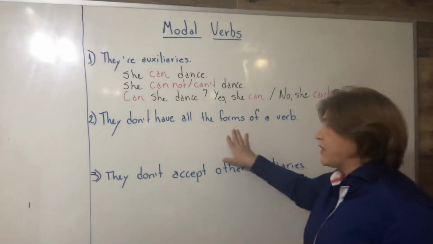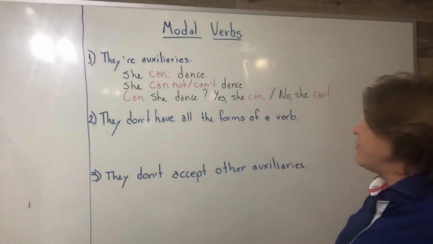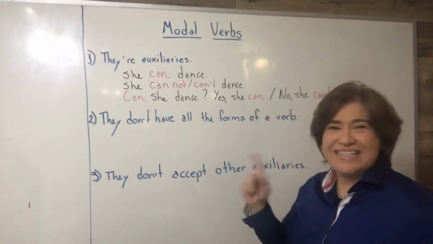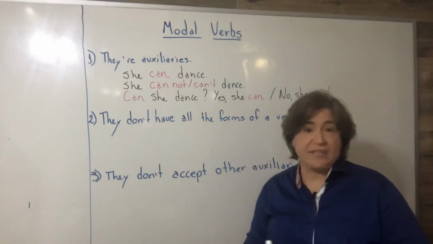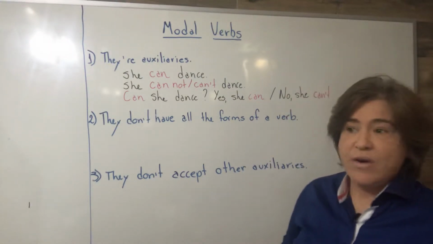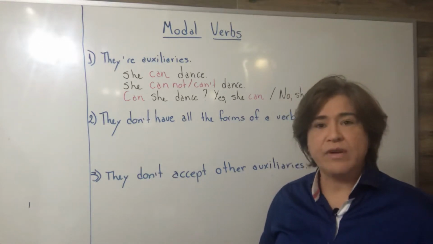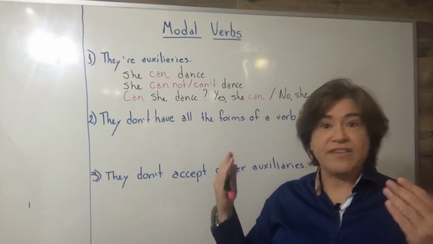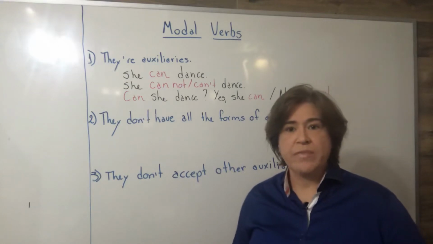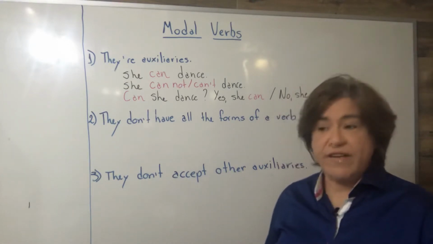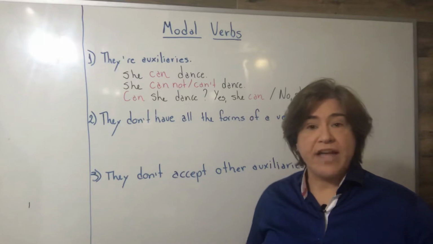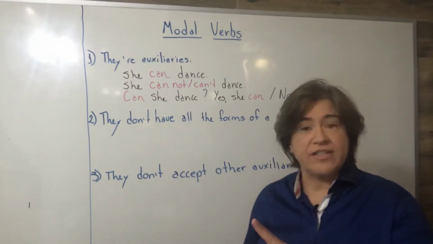Let's move on. Number 2, they don't have all the forms of a verb. This is what marks a modal verb. When we study verbs in basic level, and we have that fantastic list of verbs, we find out that verbs have three forms in English.